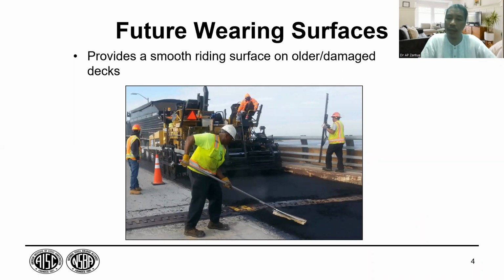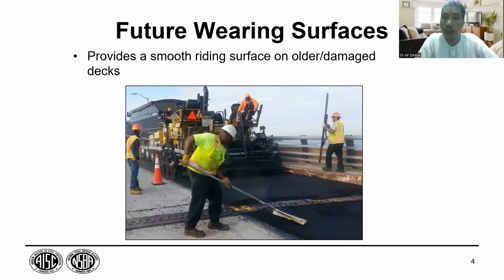Number three, it is not smooth. Even though it may look smooth, it would give you the proper and good amount of friction so that there is no car sliding above it. So car sliding is avoided using this. That is actually the purpose of wearing surface.